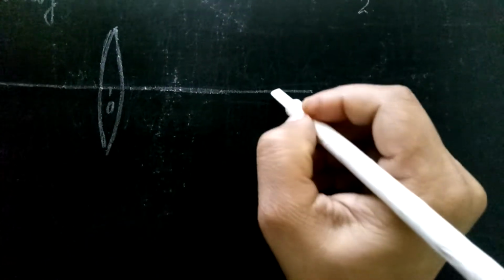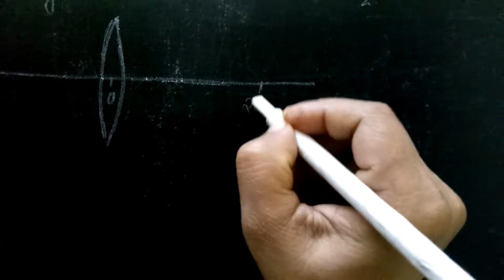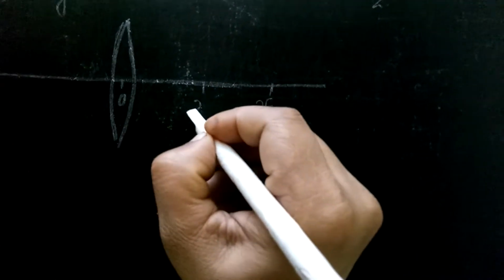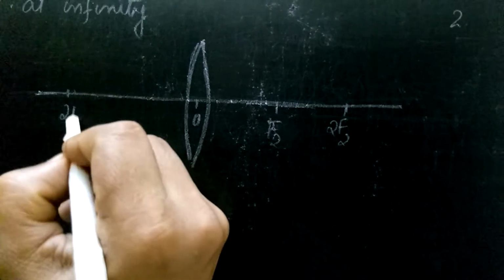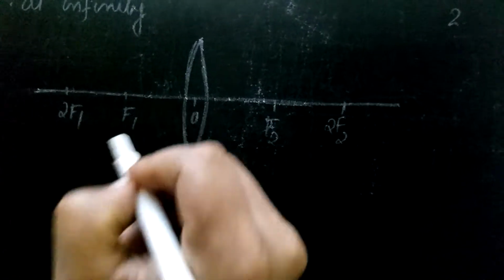And where you are keeping the compass, there you have to mark it as 2F2 and here F2. Then on this side it is 2F1 and here F1.